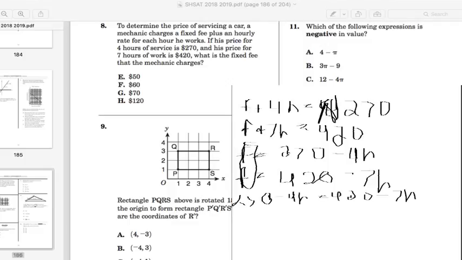So this was 270. If we subtract 270 from both sides, whoops. And what do we get here? So then this goes away.